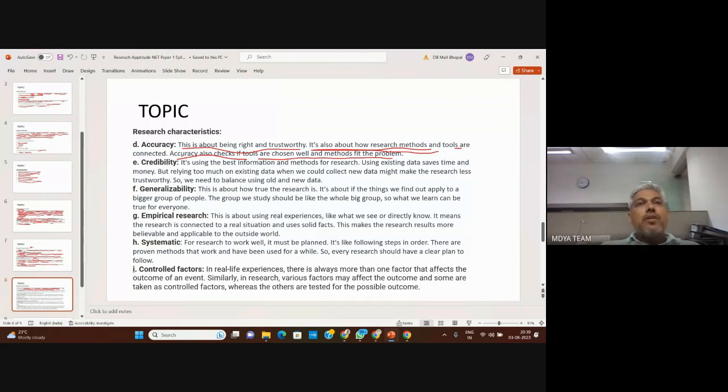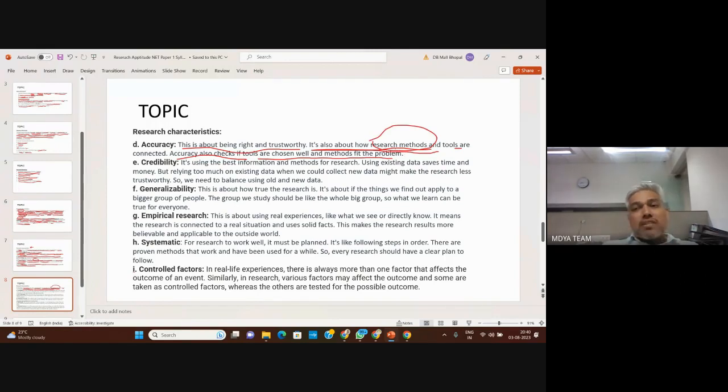And after deciding the hypothesis, you will design your research, how you will conduct it step by step, right? There are different topics on research design. That is a huge topic. You will learn it later when you take admission in PhD, right? So this is basically the research method.